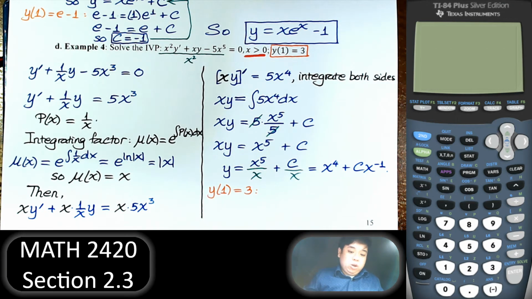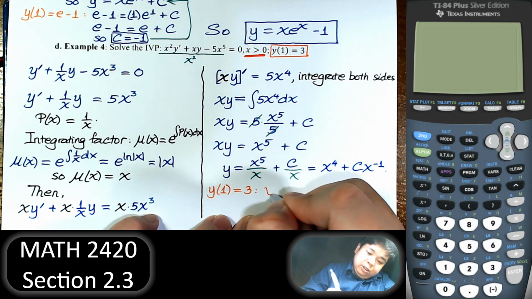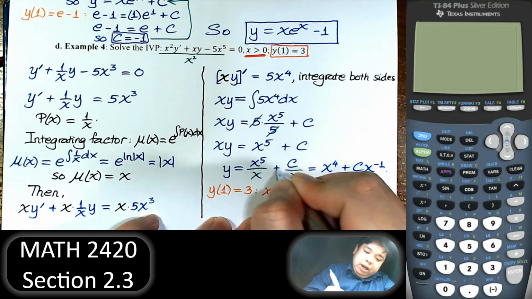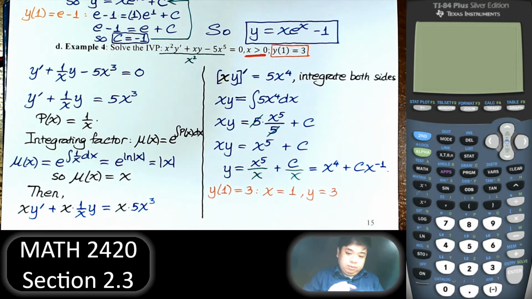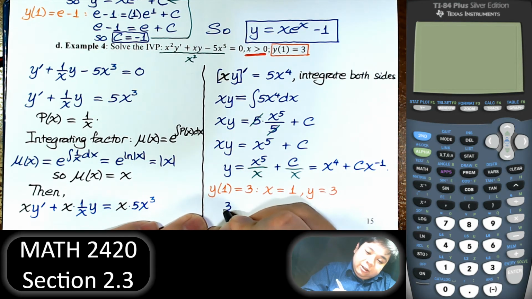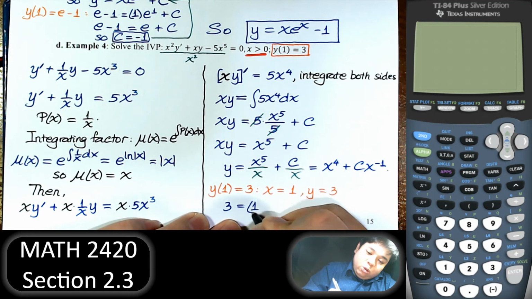So meaning when x equals 1, y is equal to 3. Substitute in this equation, y equals 3, x equals 1.